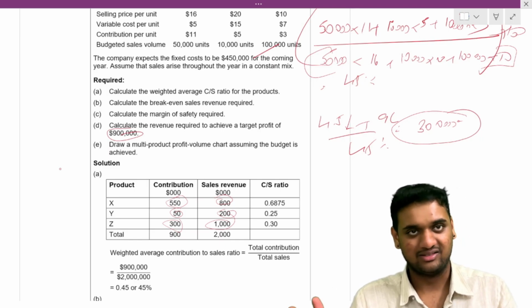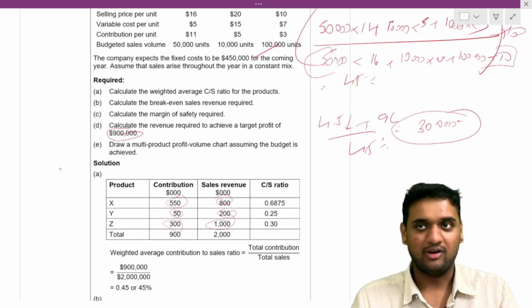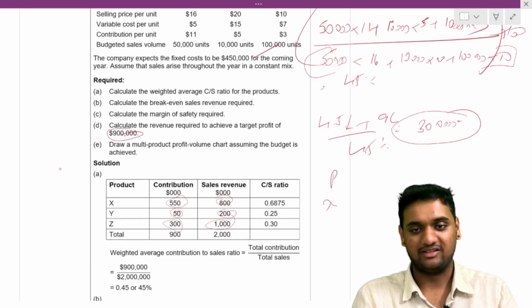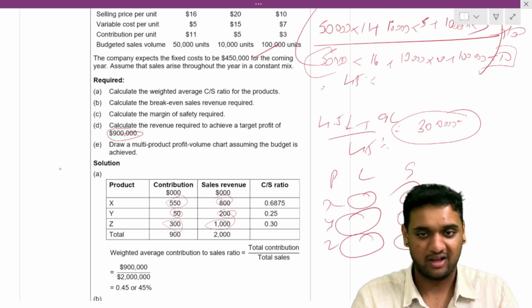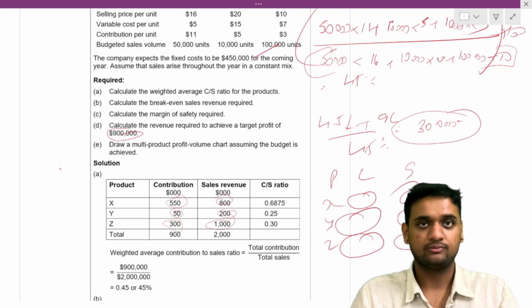Write the contribution and sales for products X, Y, and Z: total contribution and total sales of each product. This alone you find out now.